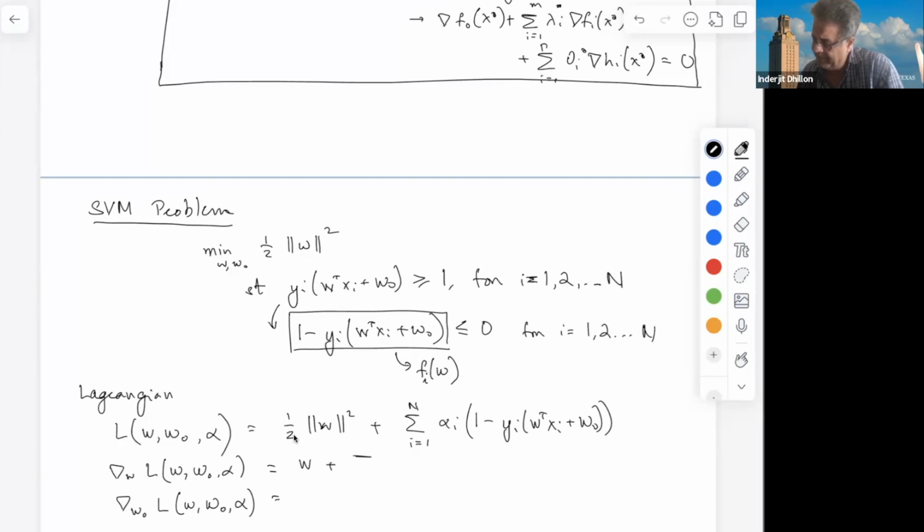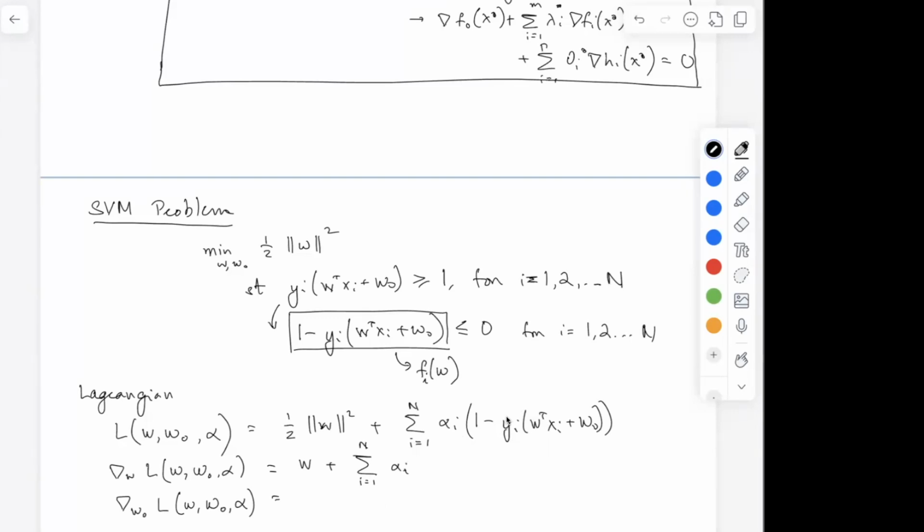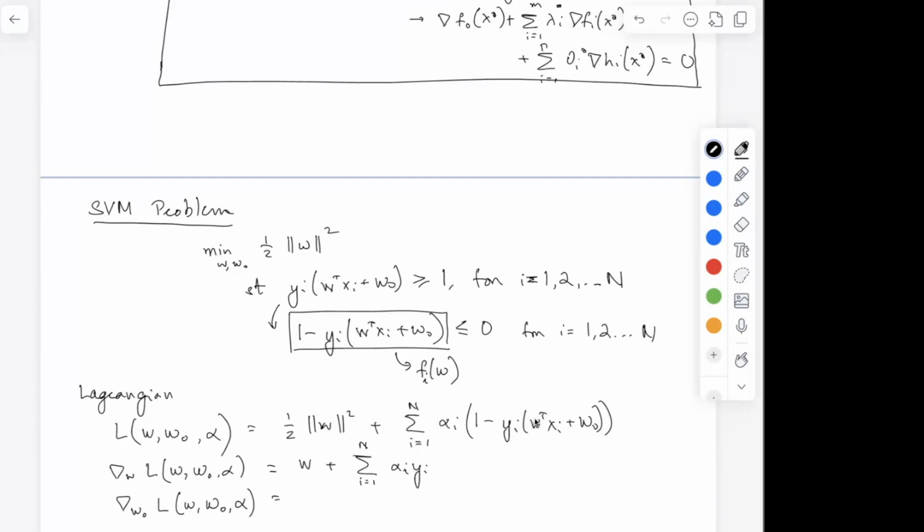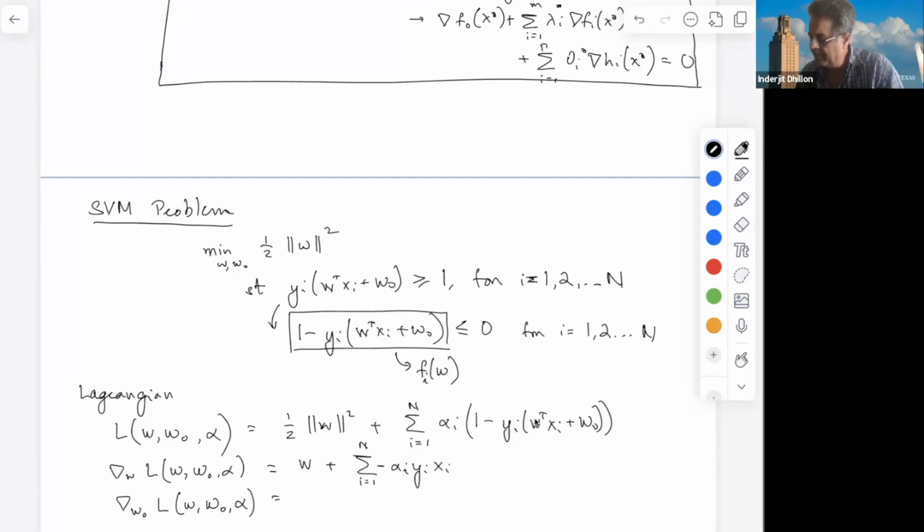Plus, if I now look at this, I have w over here. So I'll have plus the summation over i equals 1 through n of alpha i, what do I have? y i, w transpose, well, remember, w is what I'm taking the gradient with respect to, so it's y i and x i, and there's a minus sign.